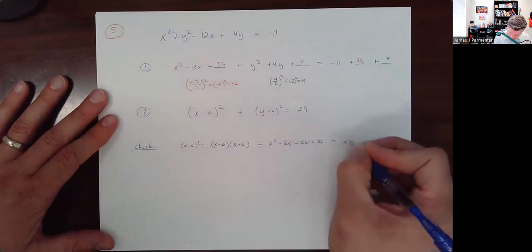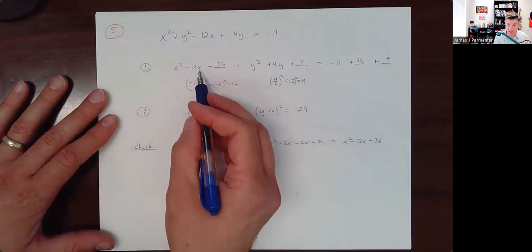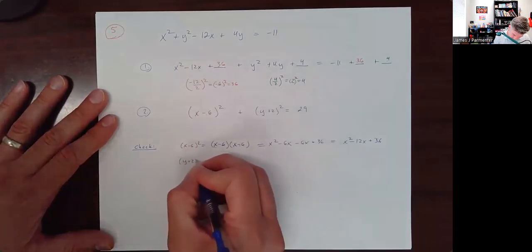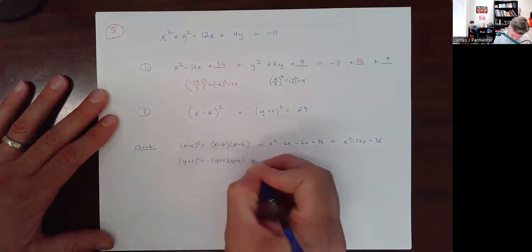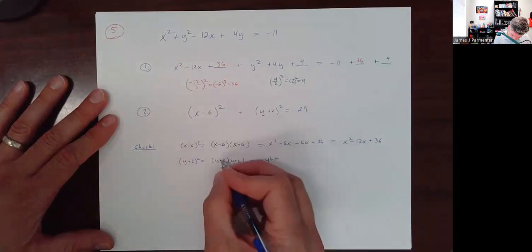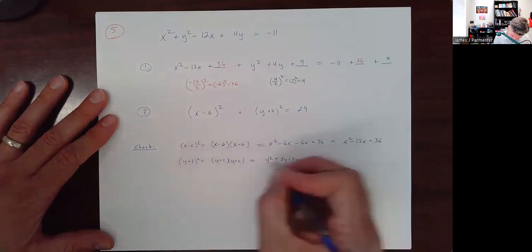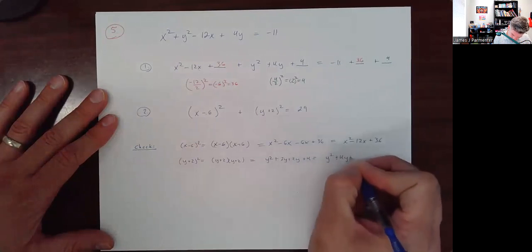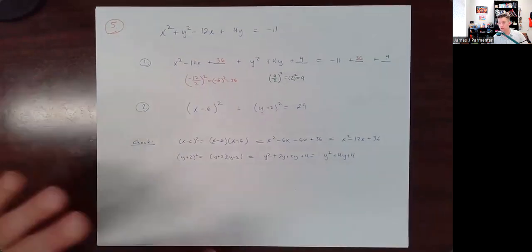And this is indeed x squared minus 12x plus 36. So that really does factor like this. Similarly, y plus 2 quantity squared is y plus 2 times y plus 2, which is y squared plus 2y plus 2y plus 4. And we definitely get y squared plus 4y plus 4. So we did it right. It's good to check though. You don't have to check your work. I'm just showing you it's right.